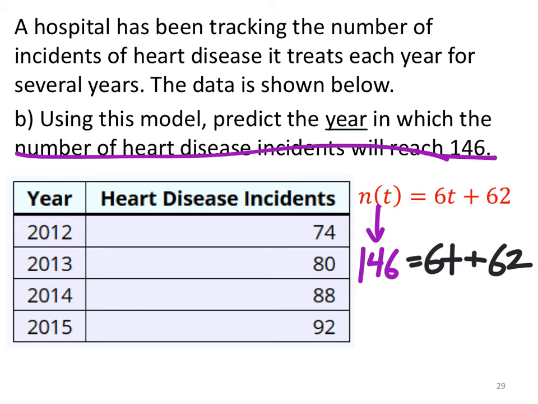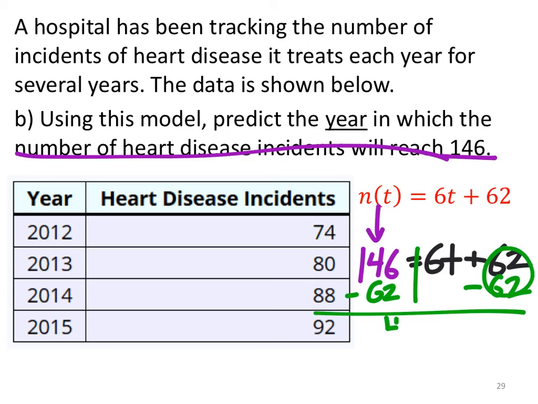To solve this one, t is what we're really looking for. And even after we solve this, it won't really give us the final answer that we want. We'll explain that in a second. So 146 minus 62 is 84, then 84 equals 6t, and divide both sides by 6. So t equals 14.